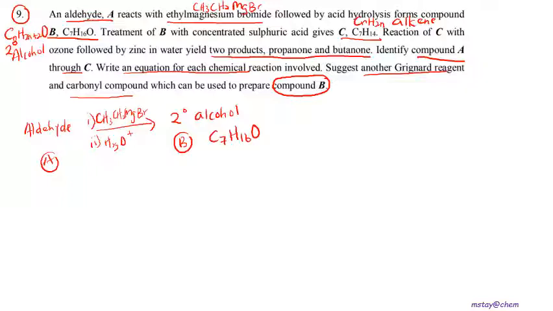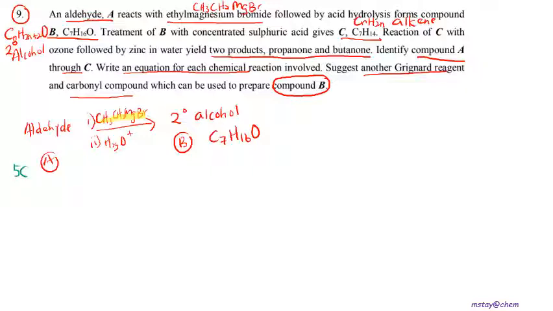This secondary alcohol consists of 7 carbons, but 2 carbons are from the Grignard reagent. Therefore, the aldehyde consists of 5 carbons.